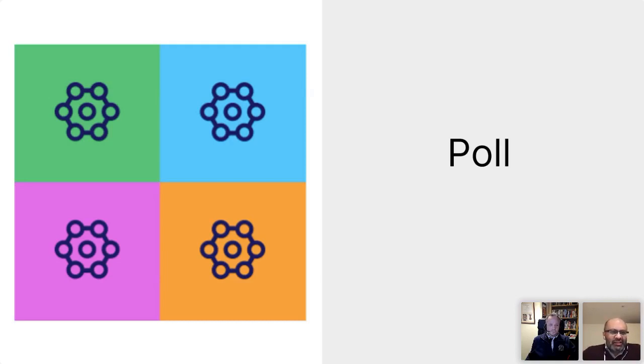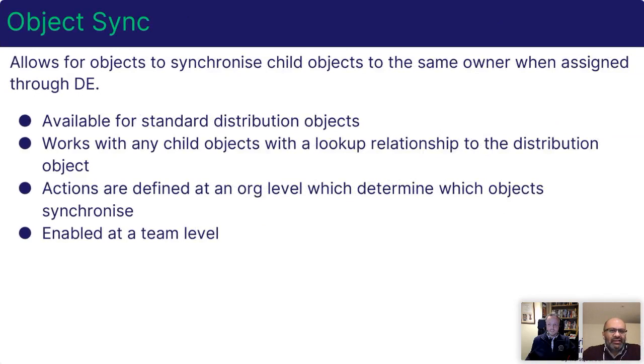Thank you, John. So next, I'd like to talk about Object Sync. Object Sync allows you to synchronize child objects when you assign the parent object. So any child object with a lookup to the distribution object can be assigned the same owner as the parent object.